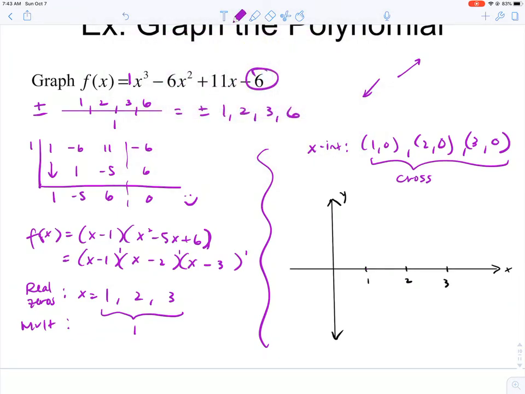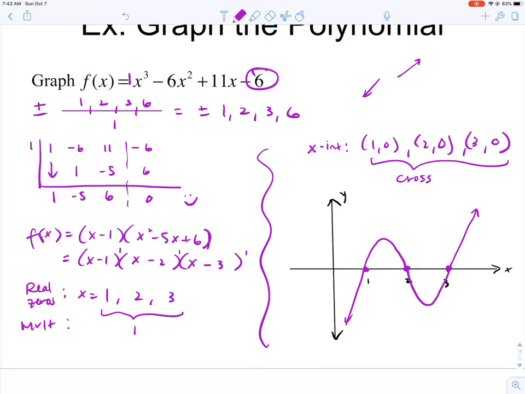Okay, so I graph the intercepts, I know the end behavior, and I know at each x-intercept the graph will cross. We don't have calculus, so we don't know how far up or down the graph will go, but it'll end up looking something like that.